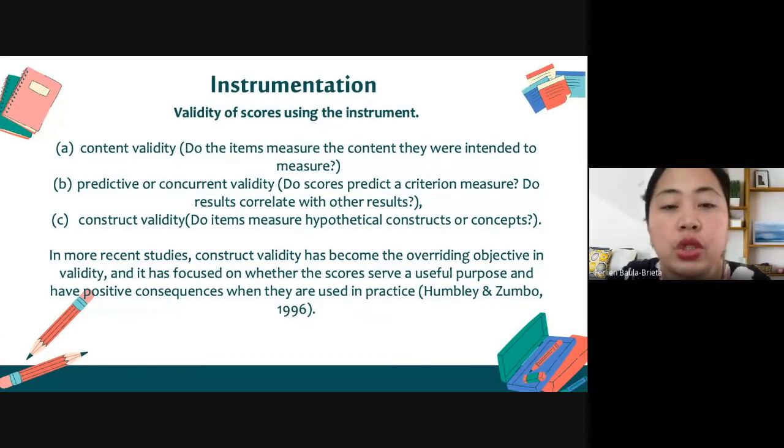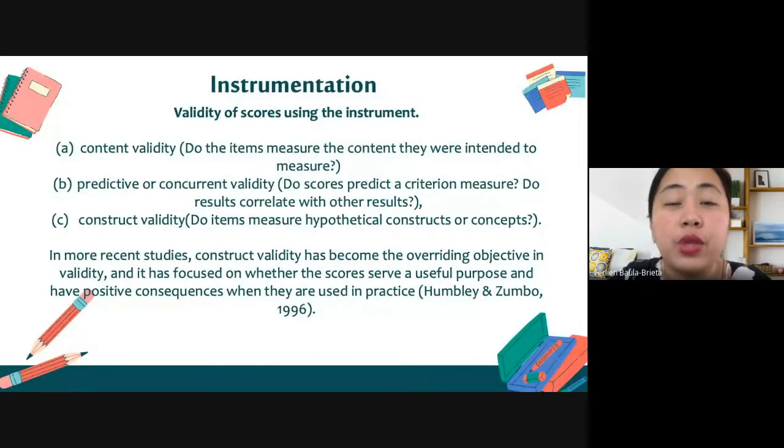Another question is, do results correlate with other results? Are they not far out from each other? So that is about concurrent validity, the connectiveness of your results from the variable that is being measured and to the other results also.